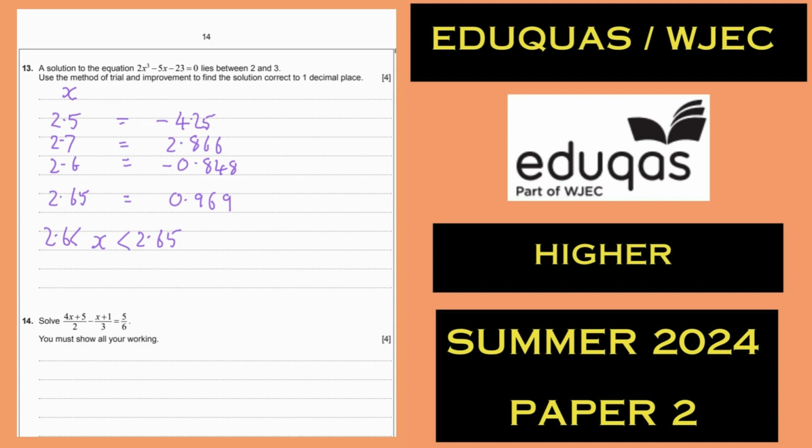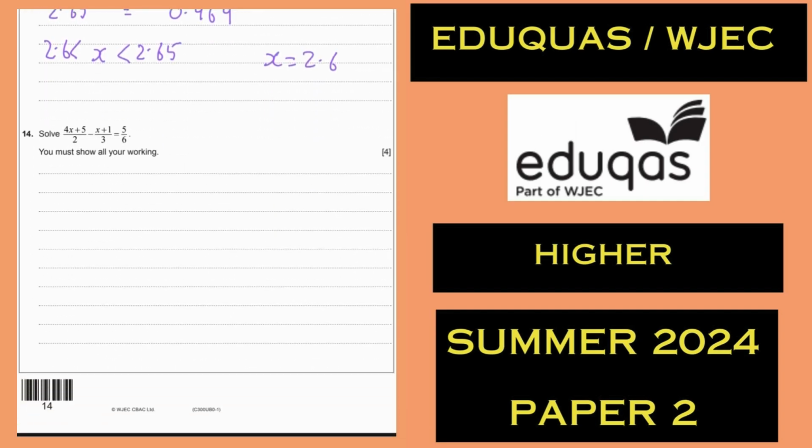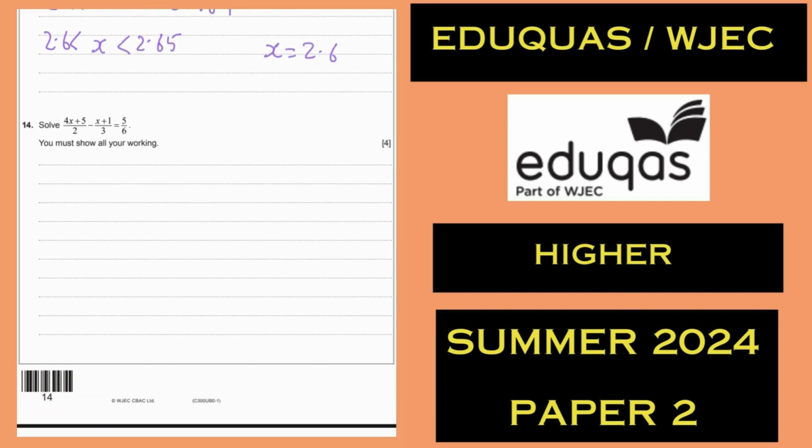It doesn't matter. They all round off to 2.6. So that's enough trials. Don't go wasting your time trying any more. You can stop. Very easy to overcomplicate and waste time on those questions. Don't. Number 14.